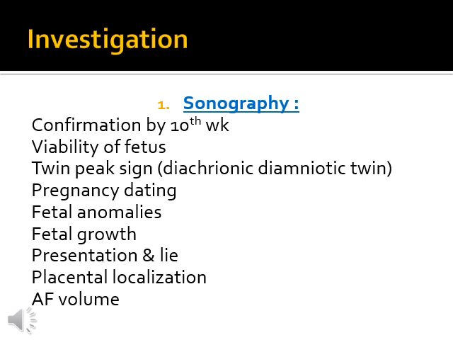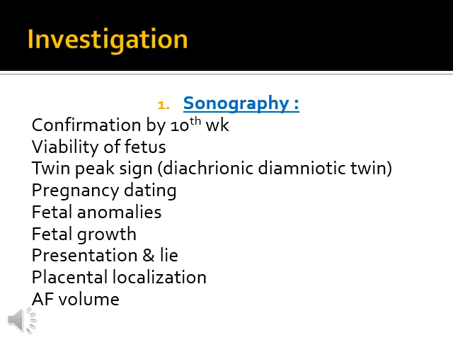In investigation, the first is sonography for confirmation. By the 10th week itself, we can confirm if the mother has a multiple pregnancy. Then viability of the fetus and the twin peak sign, that is seen in dichorionic diamniotic twins. This diamniotic and dichorionic membrane you can see in case of dizygotic twins.